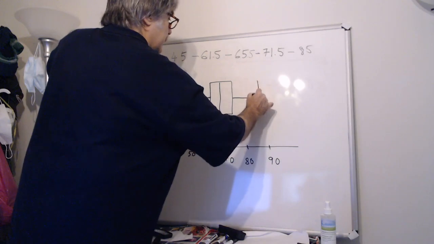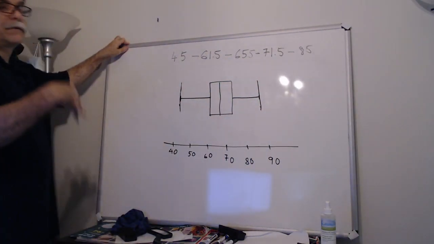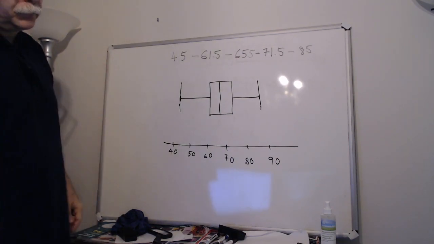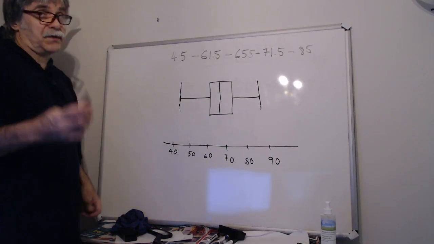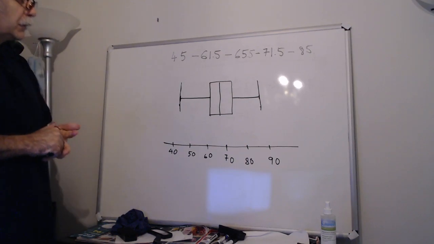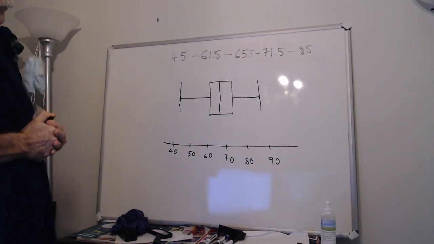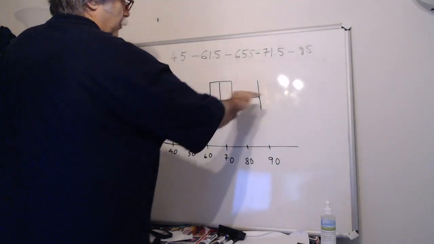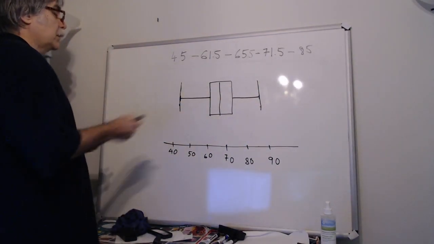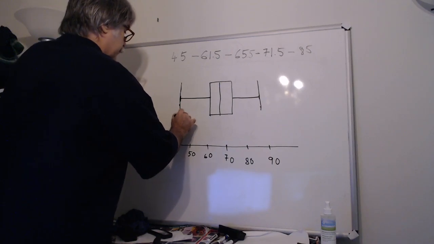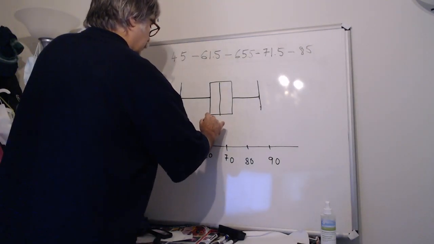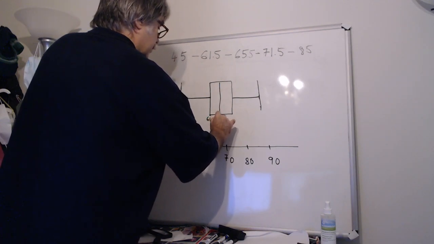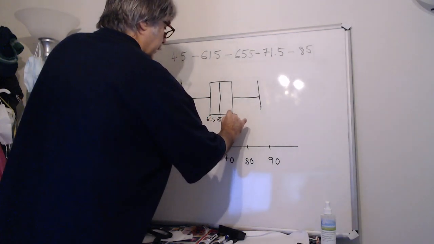So that is all a graphical element, so it doesn't make any difference in terms of a proportional presentation of the data, because what is important is actually the proportion of those 5 numbers. So here you go, it's 45. Here we go with 61.5. This is 65.5. This is usually not written, but you could write it.